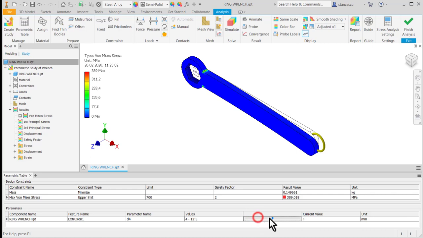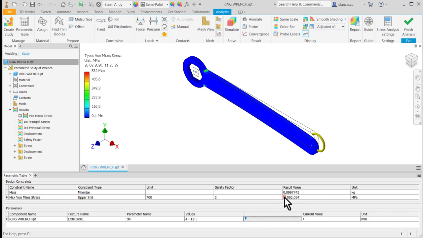The first green is the optimum. The mass of the part, if you look back to the previous tutorial, was 100 grams for this part.